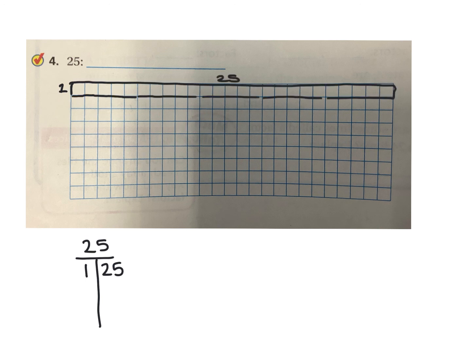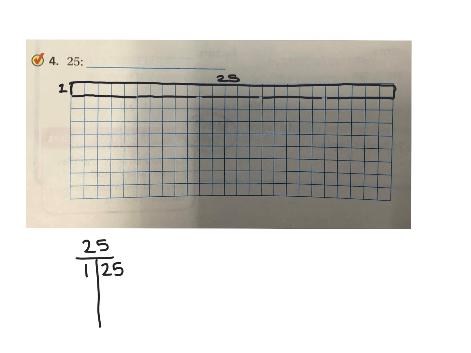So there is the 25. I didn't make you listen to me count it. The length is 25. The width is 1. If I wanted the area, or to know how many boxes are inside this whole rectangle, I would do the length 25 times the width 1, and it would be 25. There's 25 boxes. 2 factors of 25 are 1 and 25.